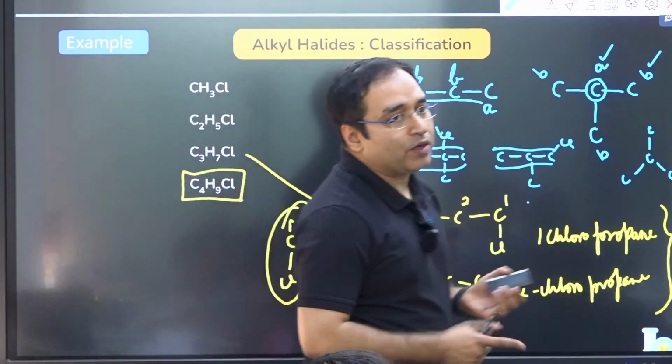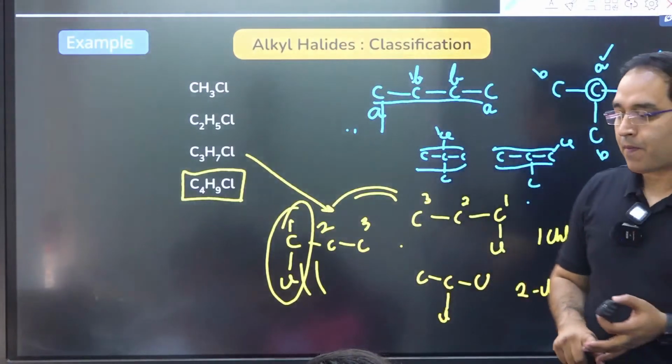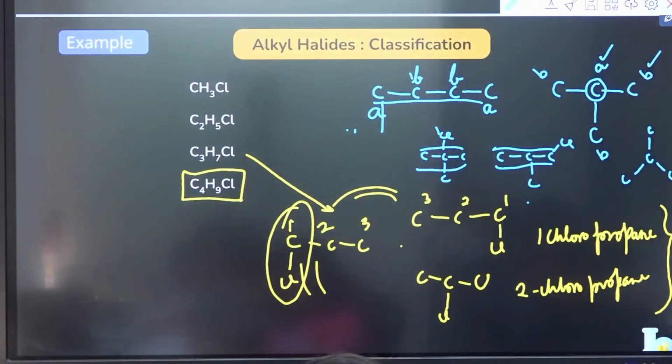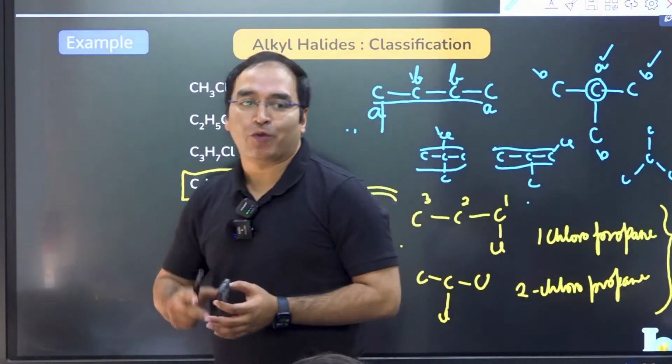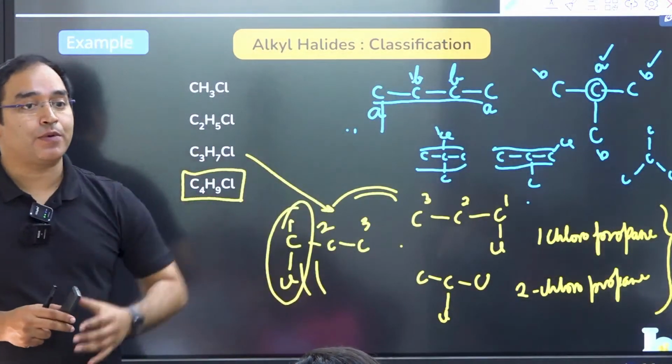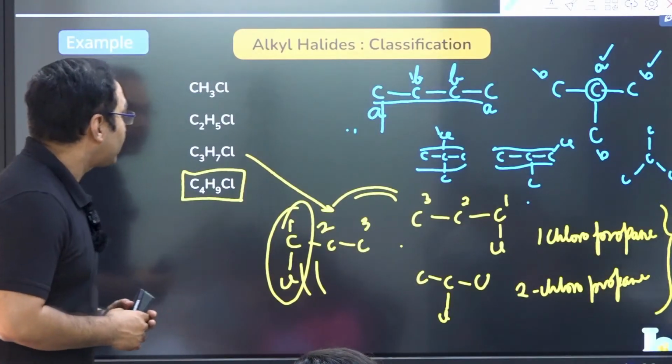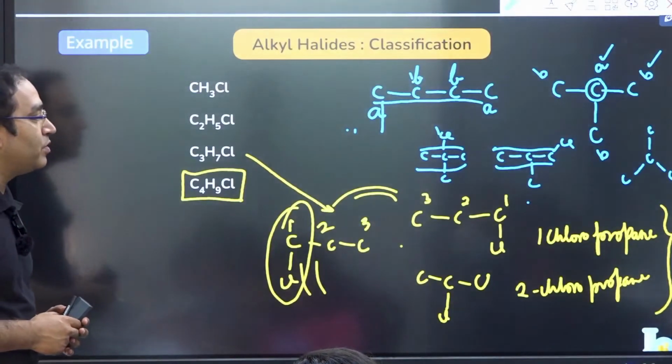1 chlorobutane, 2 chlorobutane, 1 chloro 2 methyl propane, 2 chloro 2 methyl propane. These are the 4 options you have. These are 4 options.